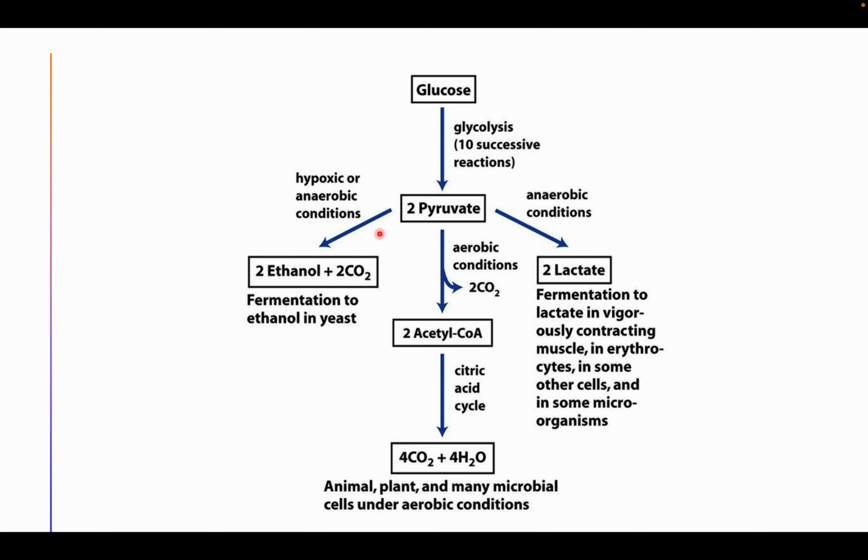For fermentation, in hypoxic conditions, it can also form ethanol. The pathway that provides the most energy is pyruvate to acetyl coenzyme A and the citric acid cycle, which provides 36 molecules of ATP.